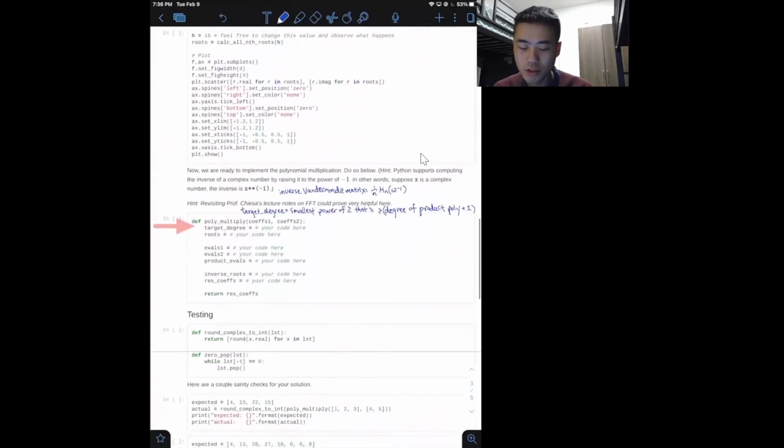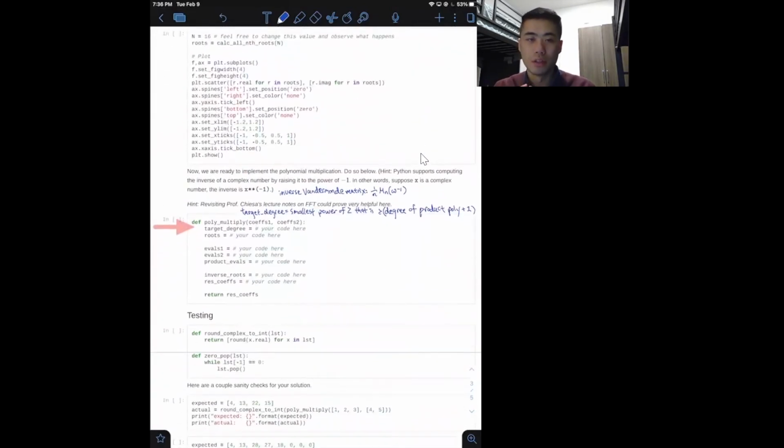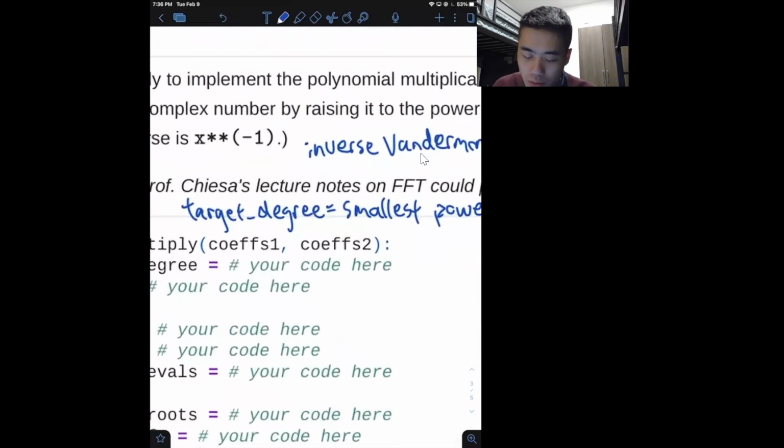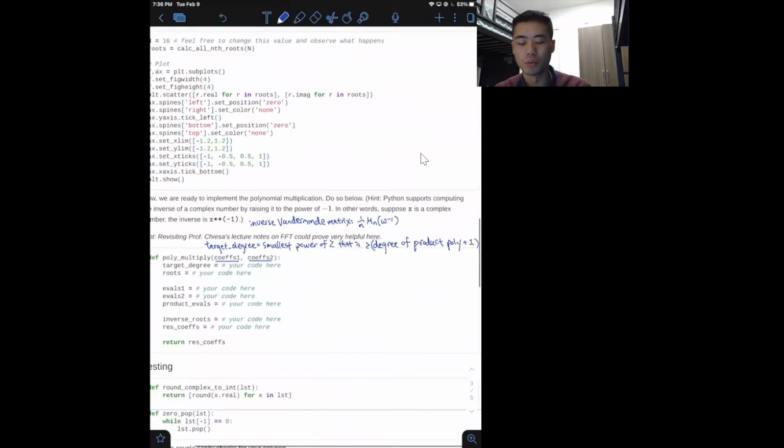Now, finally, we just need to put this all together and fill in the function for actually multiplying the polynomials. In this function, we start with two inputs, cof1, which are the coefficients of the first polynomial, and cof2, which are the coefficients of the second polynomial. We want to multiply these two polynomials together.